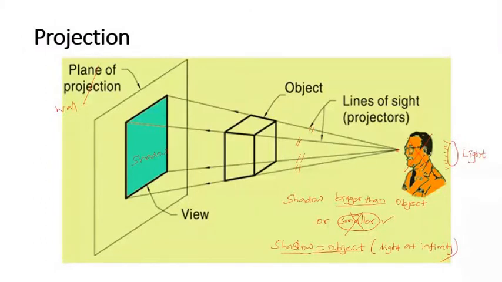But is it possible that these light rays can converge from the source to the object? No, sir. The converging cannot happen. Only it can diverge, or in the worst case, these lines will become parallel to each other.